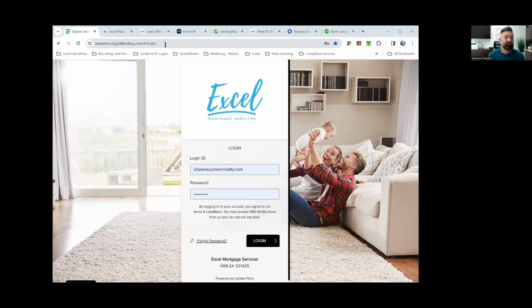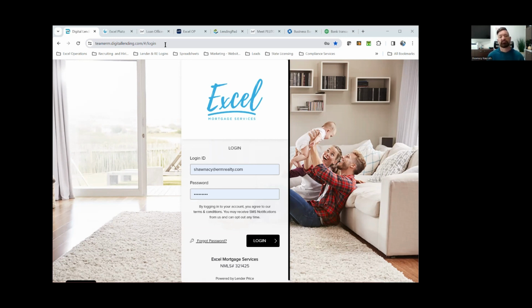I don't go in directly through our LOS system, LendingPad, because basically when you have two different technologies trying to talk to each other, sometimes there's issues that come up. I look at it as I can put the FICO score in there, what the loan amount is, and what type of property it is, and easily be able to figure that out without having to go through LendingPad.